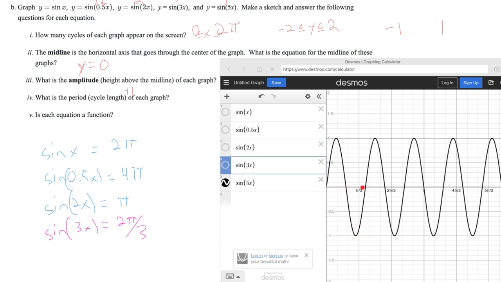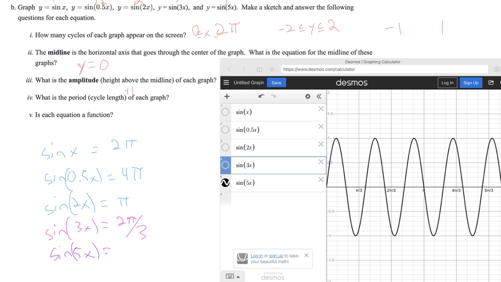So what I'm really saying here is that if I'm going 5 times over 2 pi, so I can get 5 cycles over 2 pi, well then for my sine of 5x, if that normal length is 2 pi, then I can do 5 of them over 2 pi. I'm saying this backwards here.